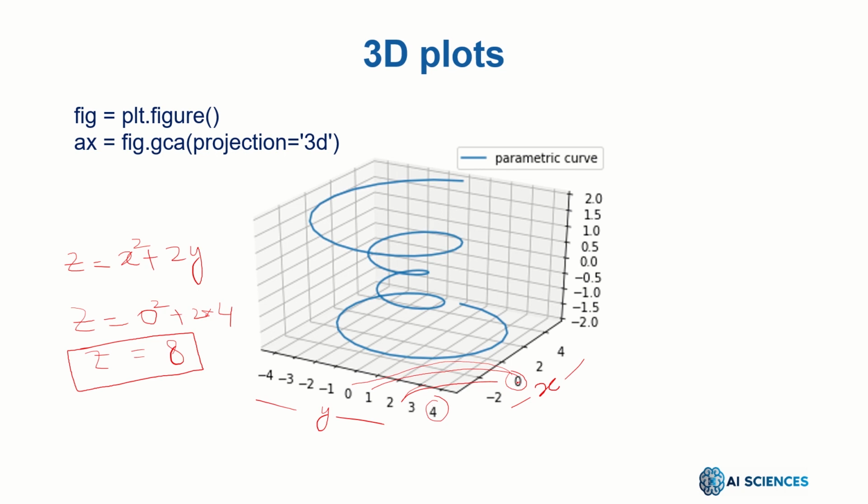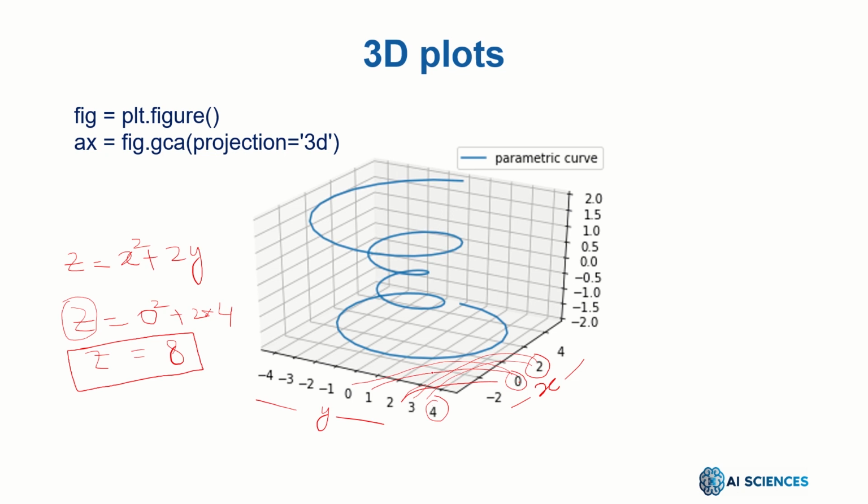Then I can move to 2, and say 2 with 4, 2 with 3. So I can make all the ordered pairs using these x values and y values, sometimes called the mesh grid, and I can compute the value of z.